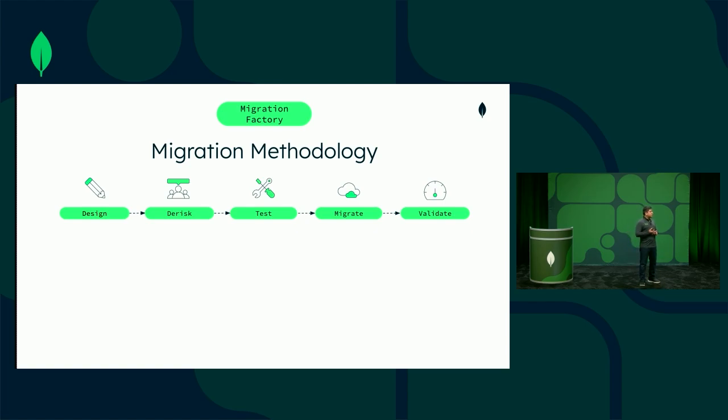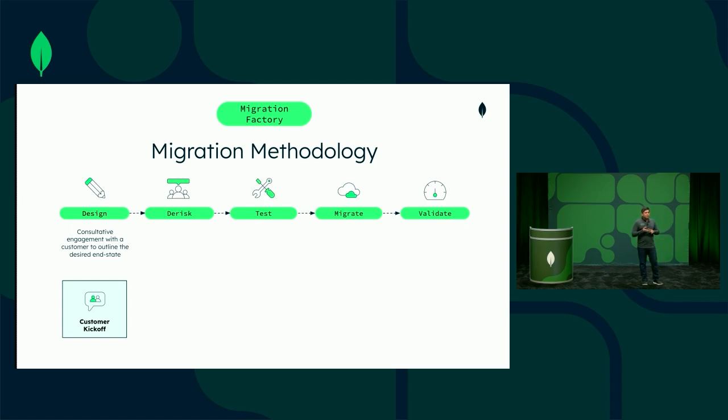There are 5 steps to the process that we have found out for MongoDB migrations. First is design. You start with designing a solution that makes use of the best-in-class data platform that is Atlas. This solution, of course, should meet your business needs.